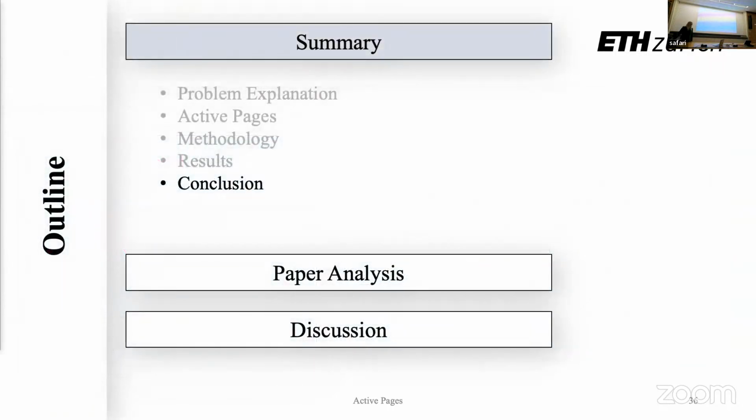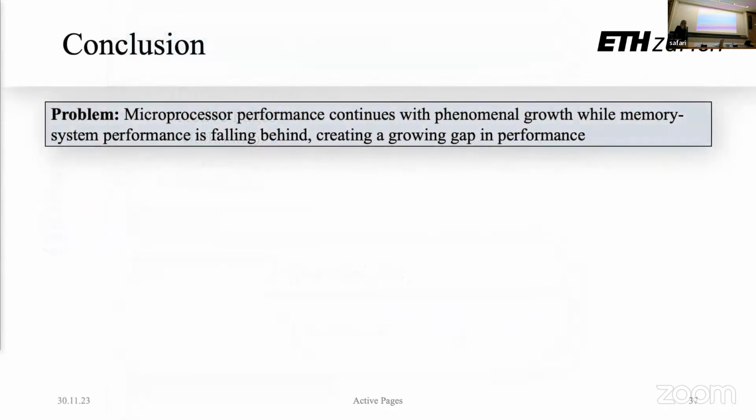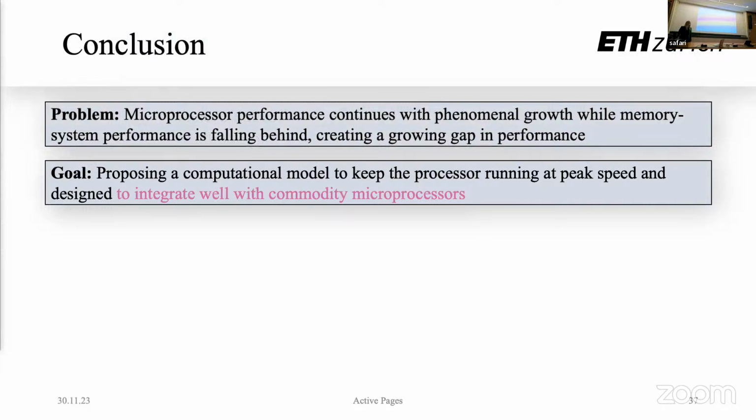So now I would like to get to my conclusion. The active page model does a great job at addressing the performance gap. The goal of designing a model to integrate well with commodity microprocessors is met.